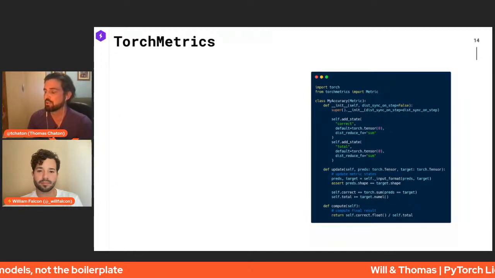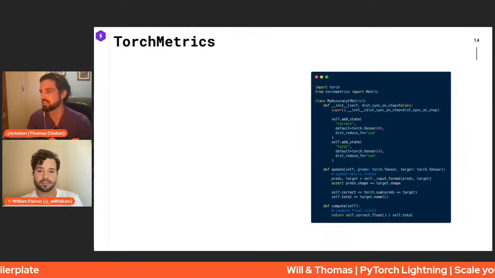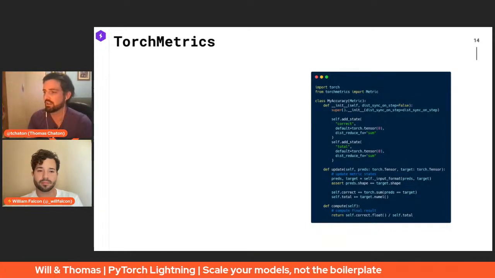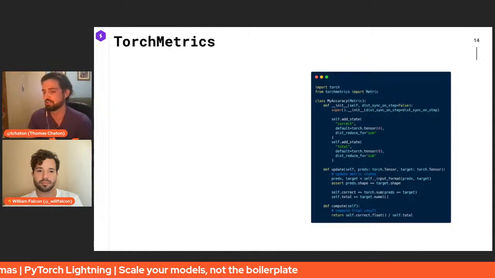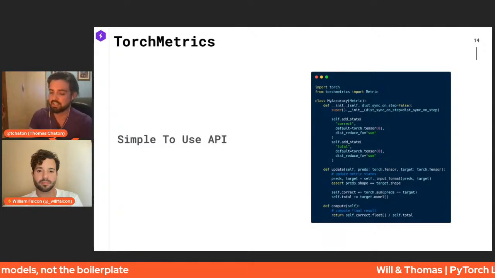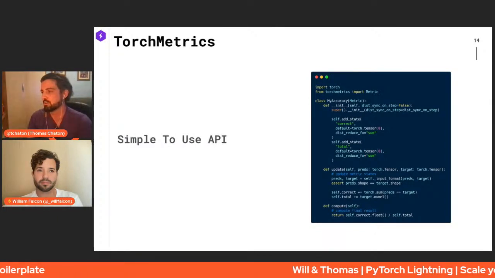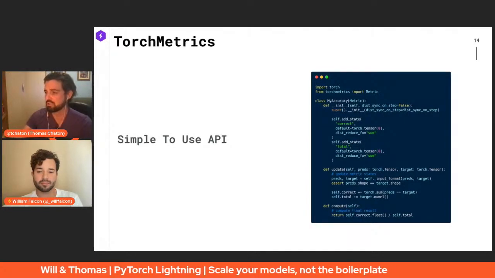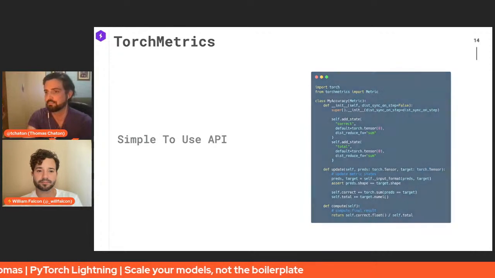Here I'm going to increment correct by the number of correct predictions I have made, and I'm going to increment total by the batch size. And then on compute, I'm going to return the ratio between correct and total. And as I said, if you work in the distributed settings, correct and total are going to be reduced before compute gets called across processes. So you actually get the correct metric.